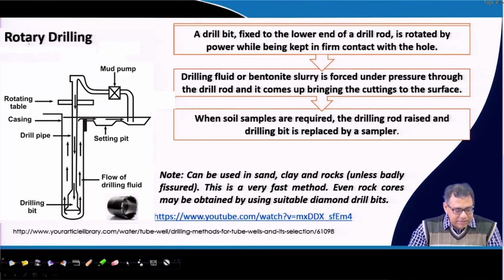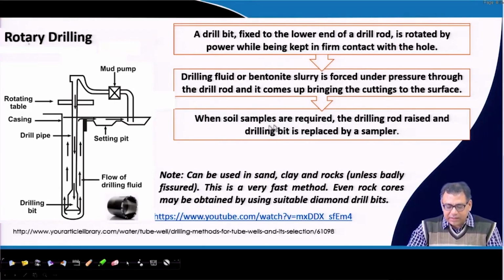You can see the arrow direction: the bentonite slurry is applied, and the cutting bit rotating in the soil or rock generates pieces, which mix with the bentonite slurry and are forced to move upward, and then collected in a settling pit.